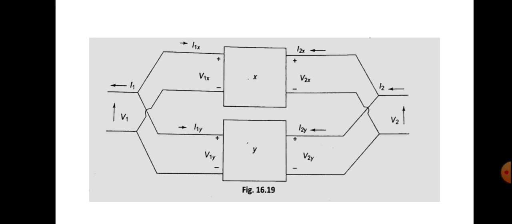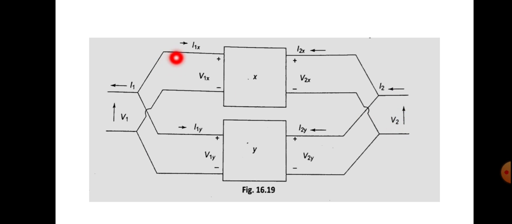Here we are marking the different values. These two are connected together, and let the current be I1. Similarly, these two are connected together, and this is current I2. The voltage at this node with respect to the reference node is V1. Here these two nodes are connected, so it acts as a reference node, and the voltage across these two terminals is V2.